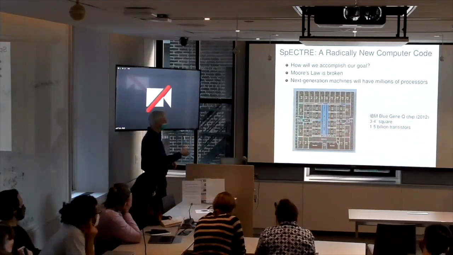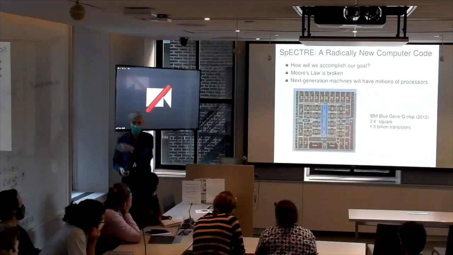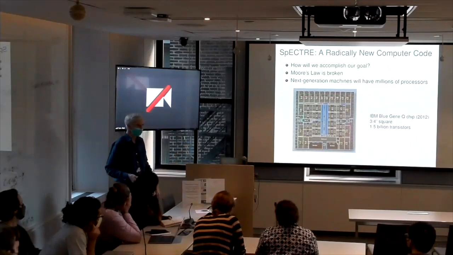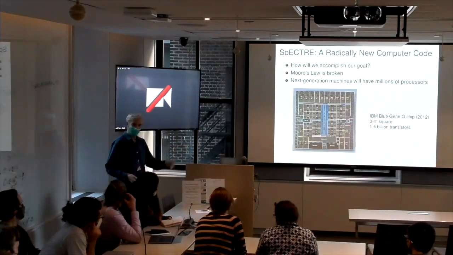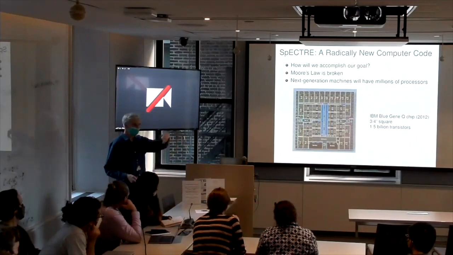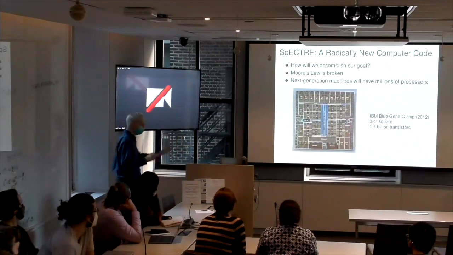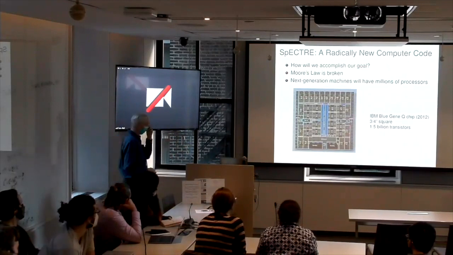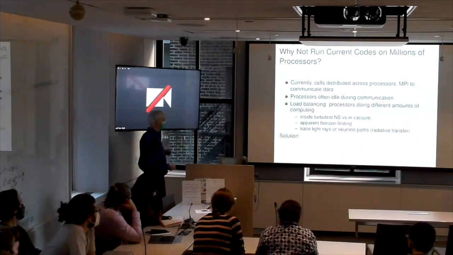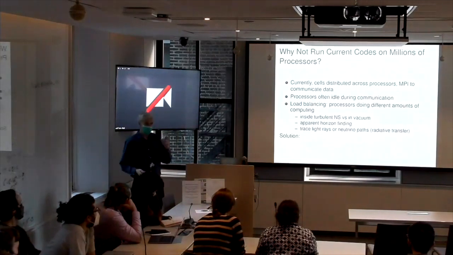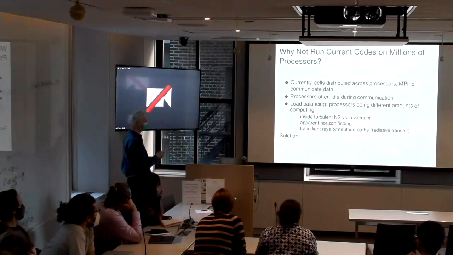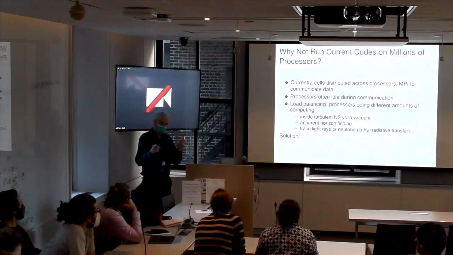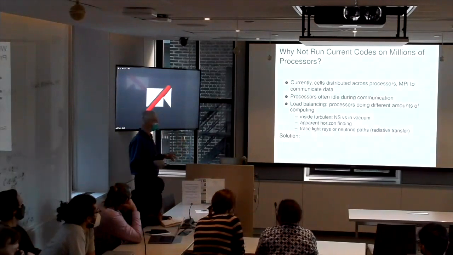All right, so modern machines, those of you who worked on Terra and so on know that it's not 16 anymore, it's 128, 256. I'm not talking about GPUs. So why can't we take our current codes and run them on millions of processes? It's because of the way we parallelize things.